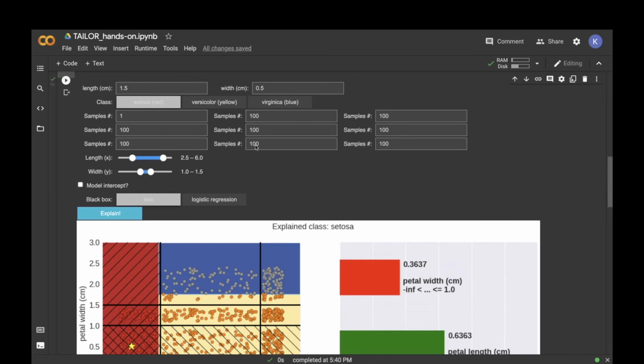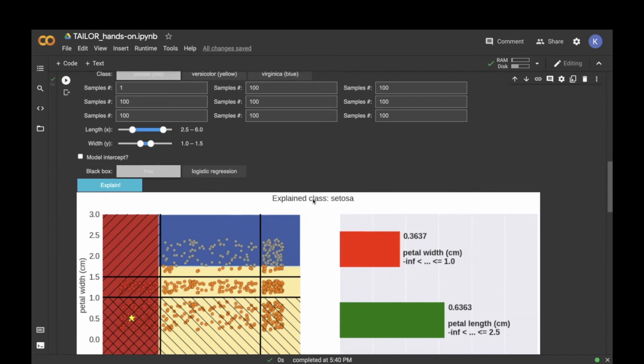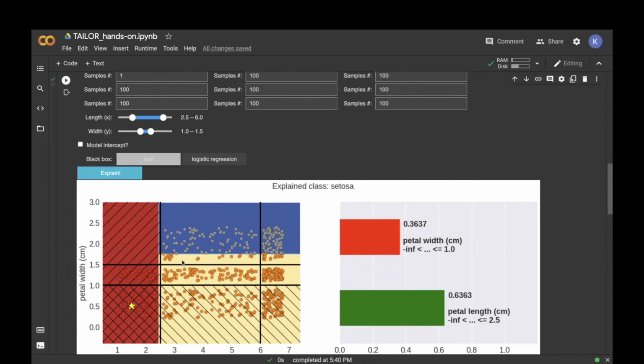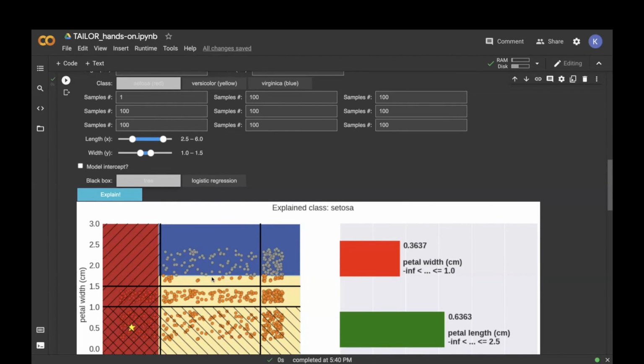There are two important factors in generating surrogate explanations for tabular data. One is the ability of your interpretable representation to approximate the black box decision boundary, and the black box decision boundary is the shading in the background. And the other one is the number of samples.